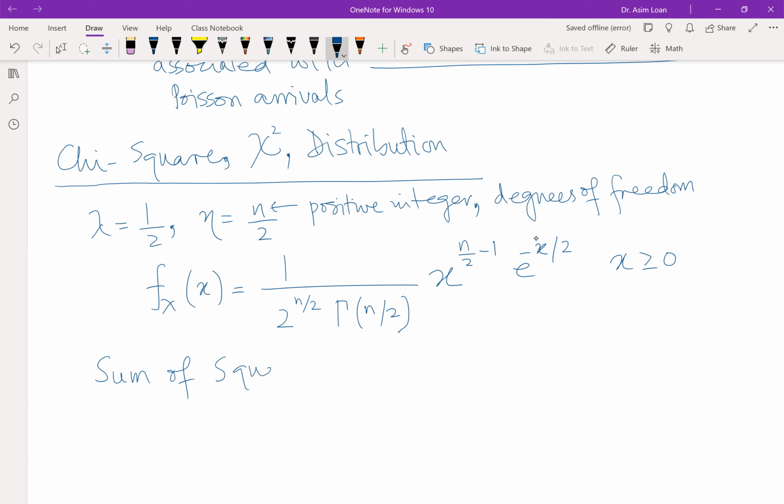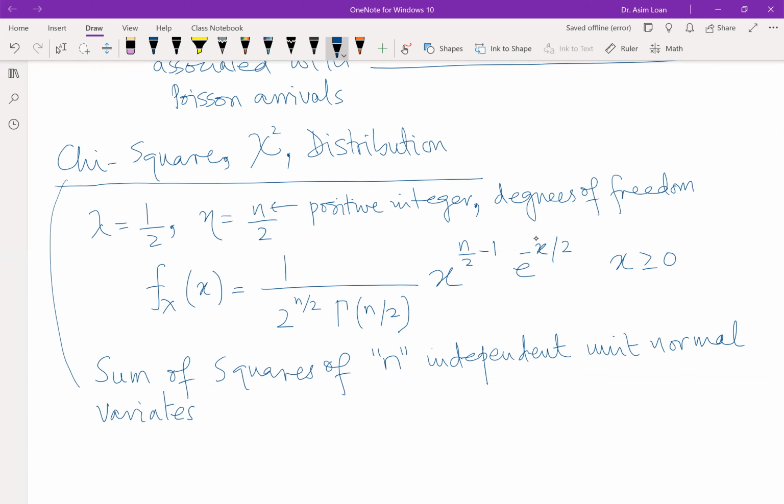You don't know what independent means unless you study joint random variables. The chi-square distribution is actually the sum of squares of n independent unit normal variates.